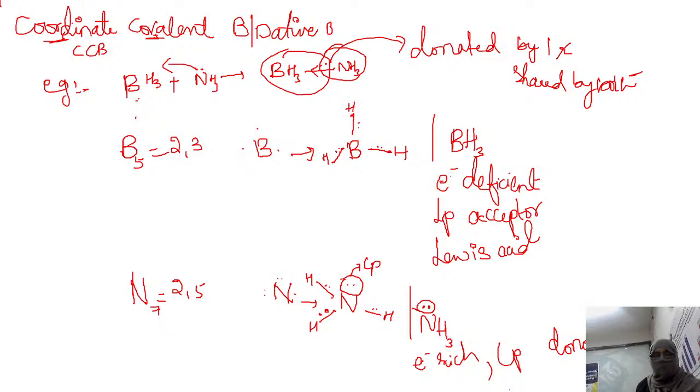Is it clear? So I can tell you one more. We made one definition. We can even make one more definition for CCV bond. CCV means coordinate covalent bond or dative bond.